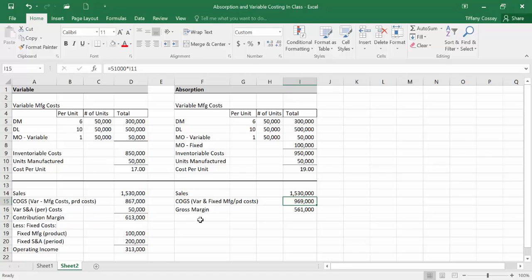From there, I'll subtract out my selling and administrative costs, representing my period costs. Okay, so I'm going to have variable selling and administrative, and I'm going to have fixed selling and administrative.